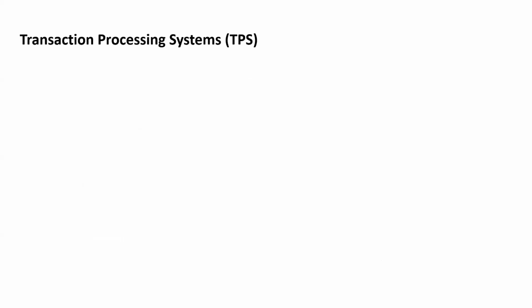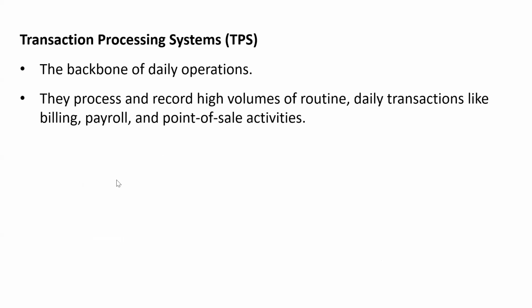There are several types of systems within organizations where computers or information technologies are used. So we have transaction processing systems. These are the backbone, the daily operational activities. Like in the university, what is the university set up to do? Teaching and learning. So that's our transaction processing system.